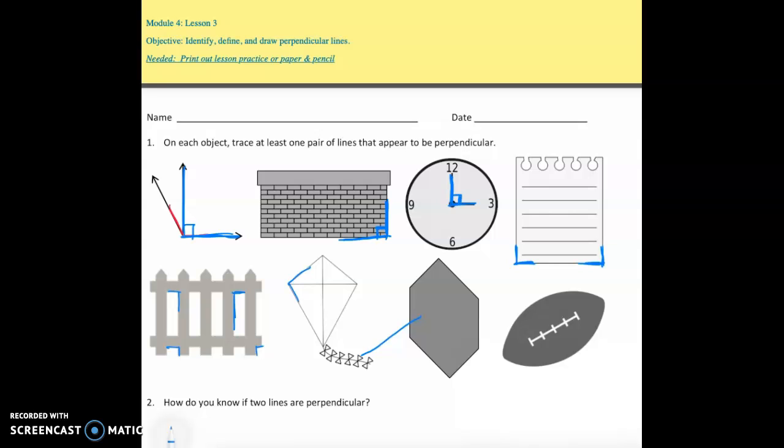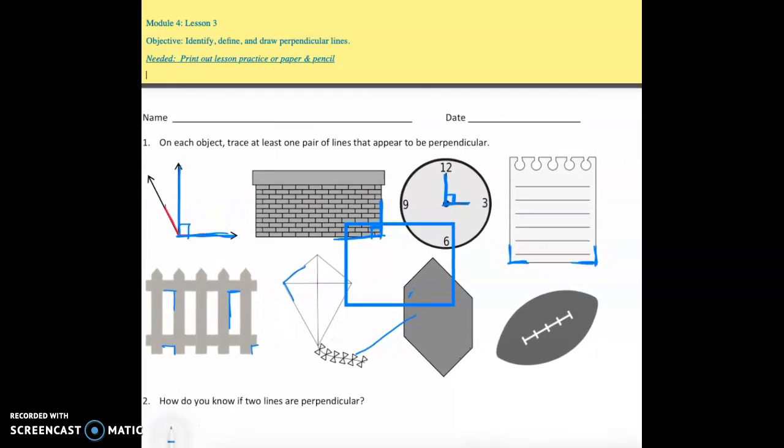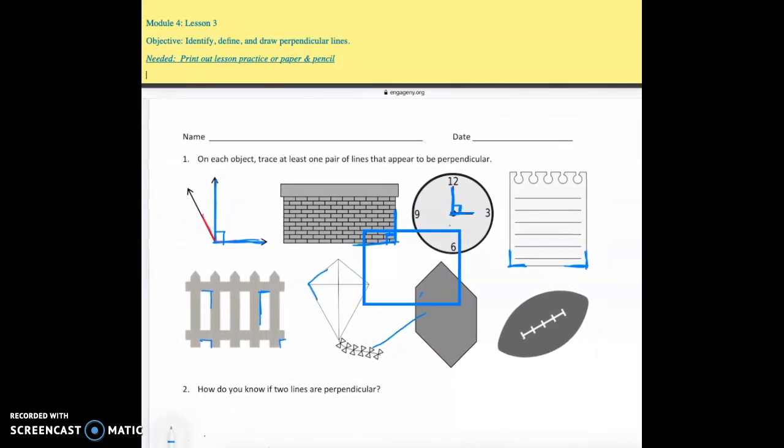Well, the only way to find out about that is to check with an actual right angle. So I'm going to take this right angle. I would like to rotate it.